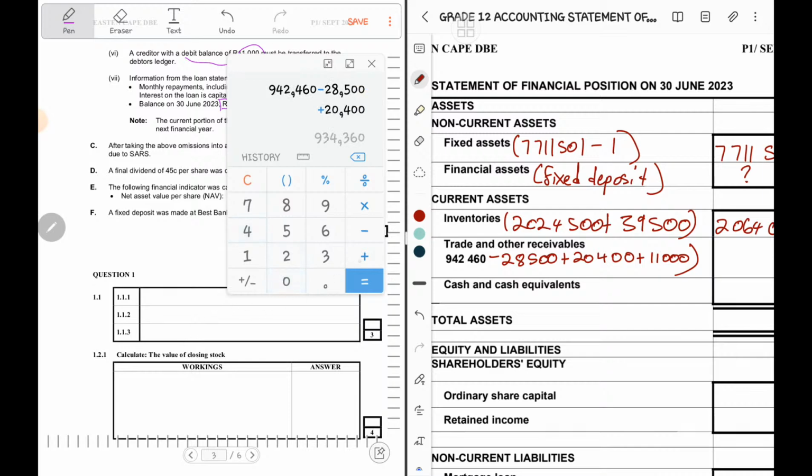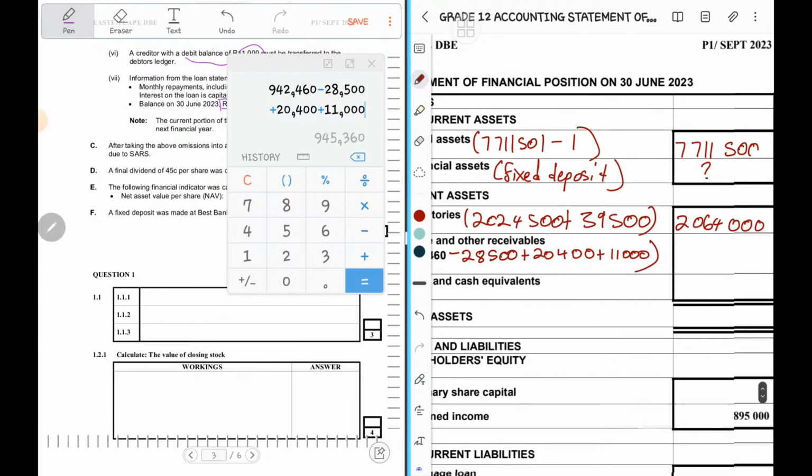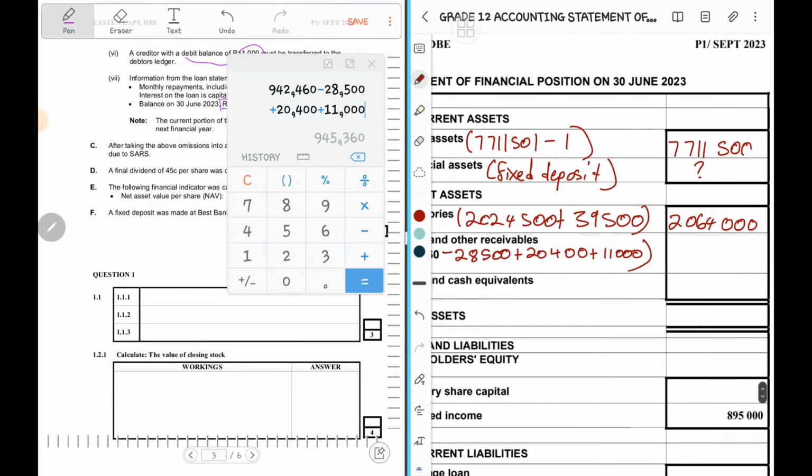Then we add also the 11,000. Then that gives us 945,360. Okay.